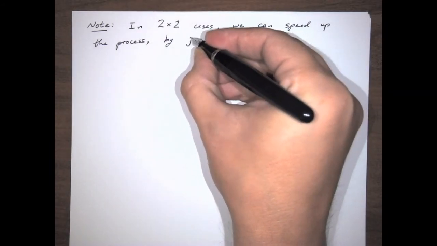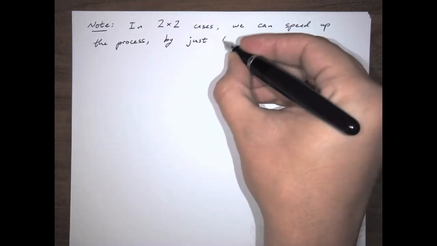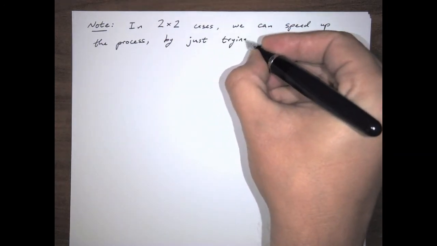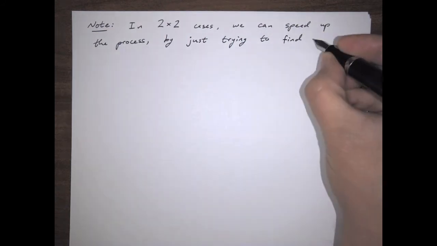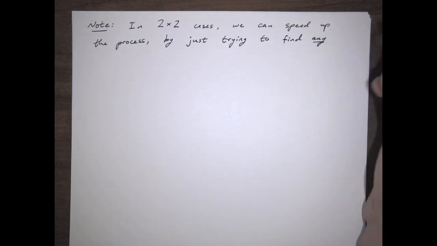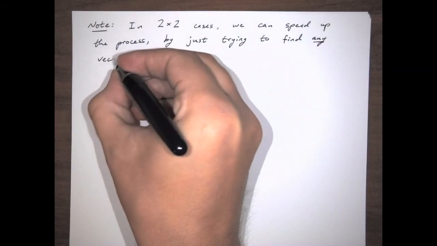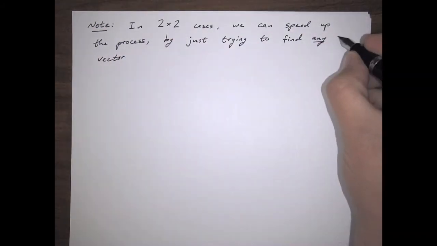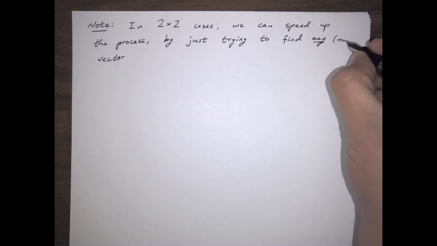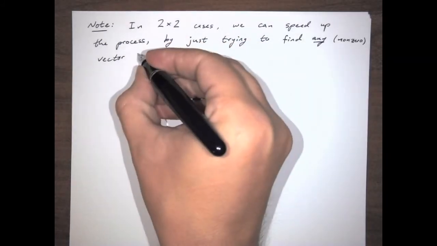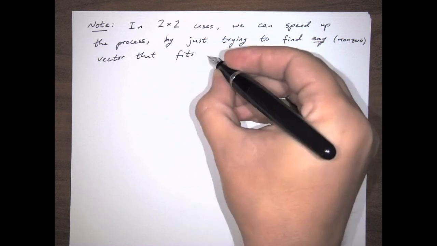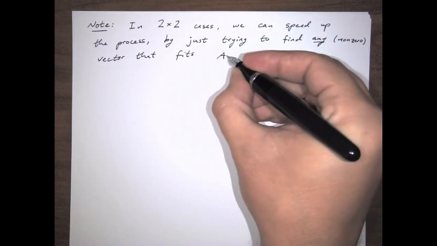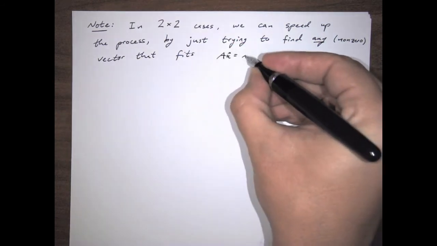by just trying to find any vector. And by any, I don't mean any, I mean any non-zero vector that fits the bill, and the bill being Ax equals lambda x.